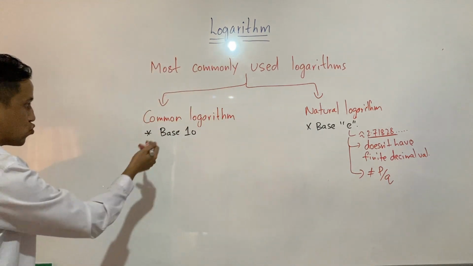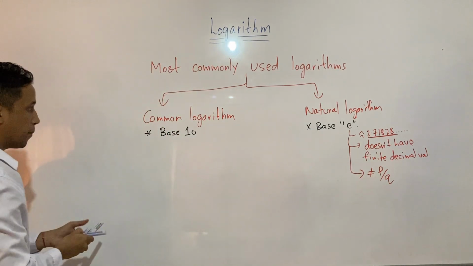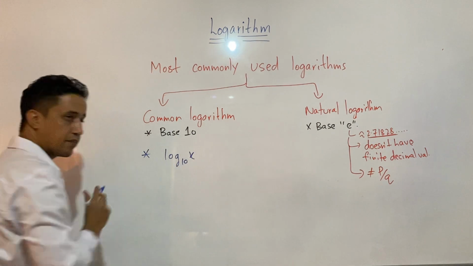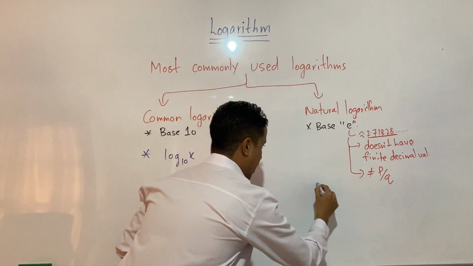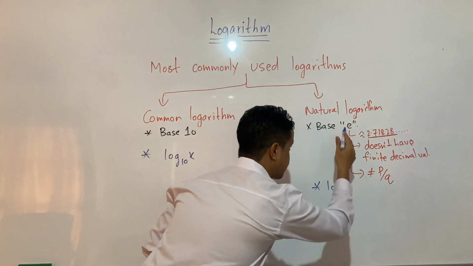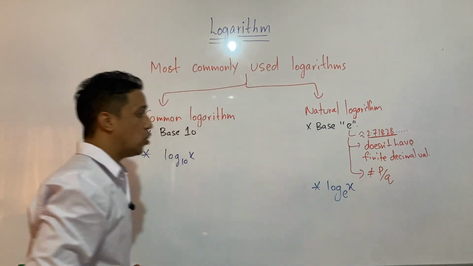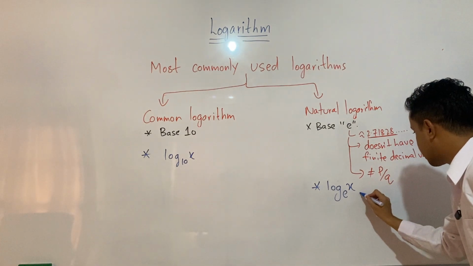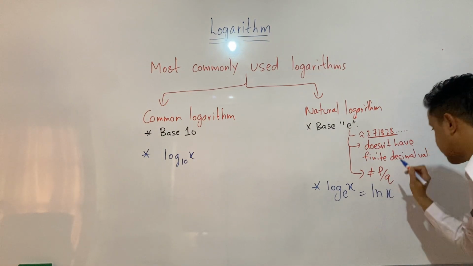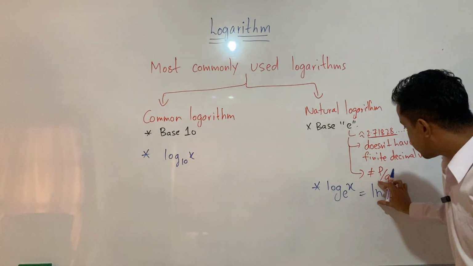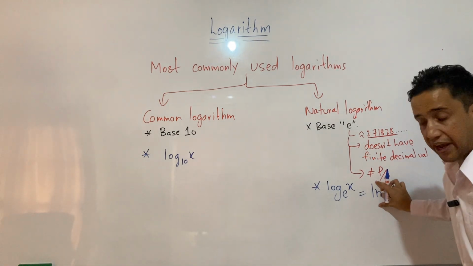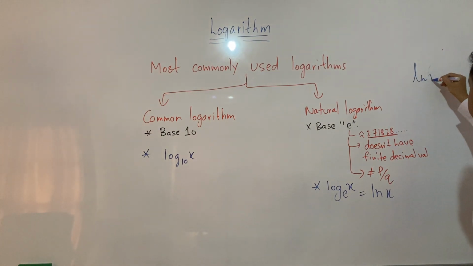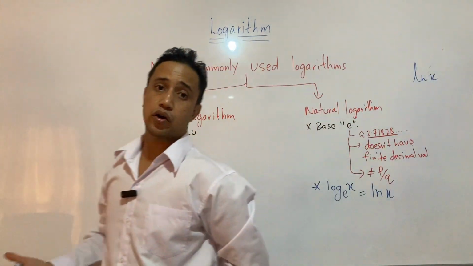Now, common logarithms are the logarithms with base 10, and natural logarithms are the logarithms with base e. So how to represent these? I can represent the common logarithm like log of x to the base 10, and the natural logarithm as log of x to the base e. Natural logarithms are also represented as ln x. Whenever you see ln x, it means natural logarithm.